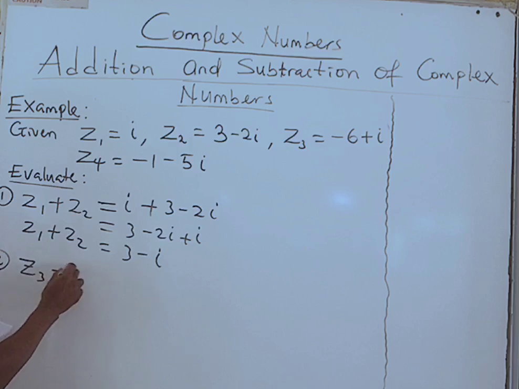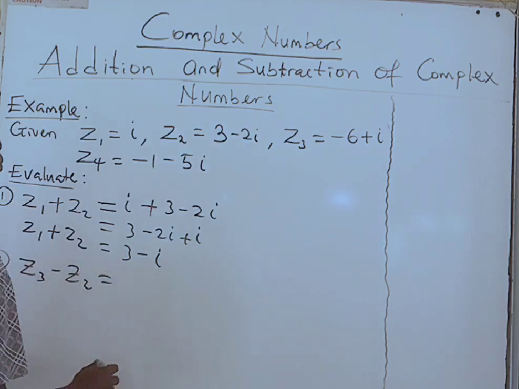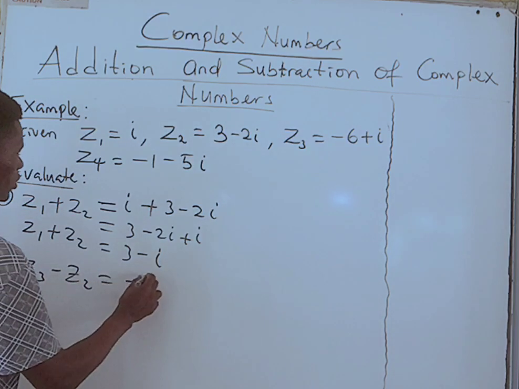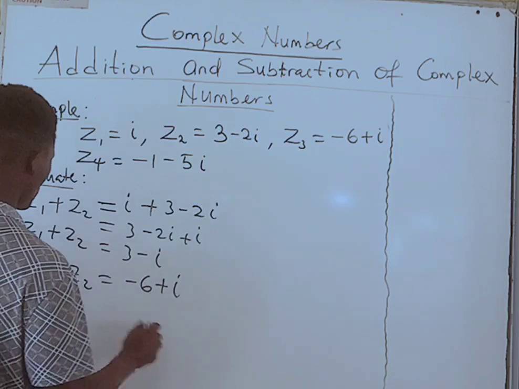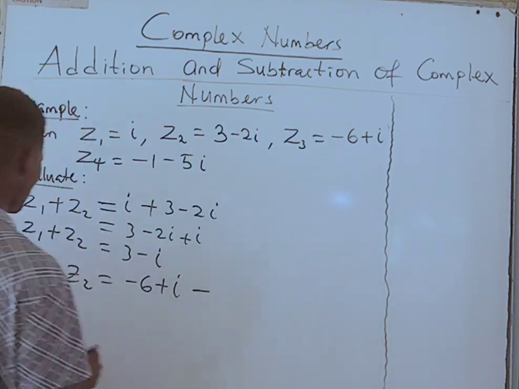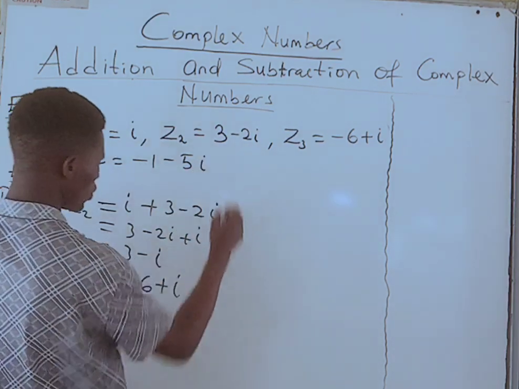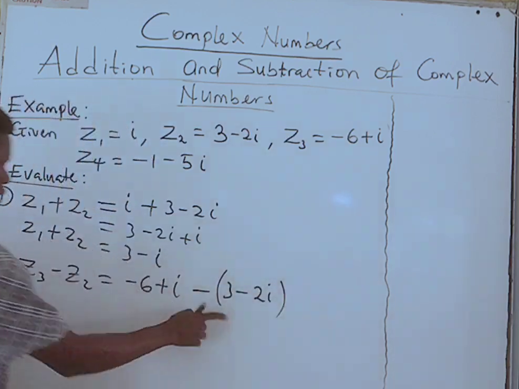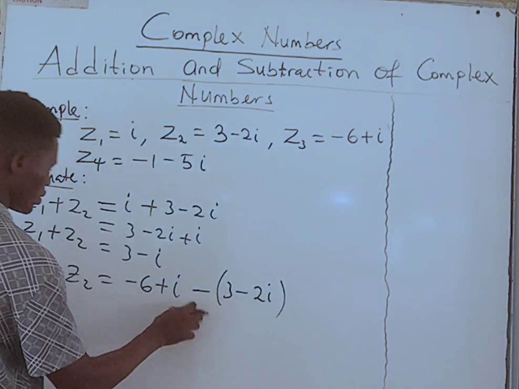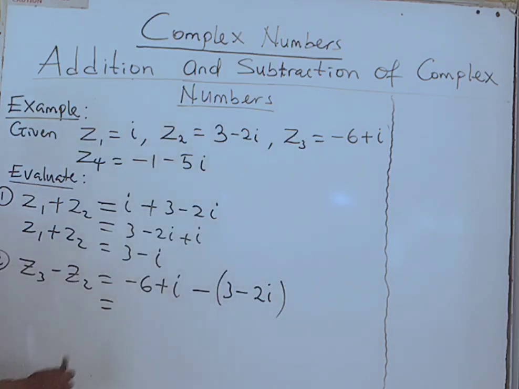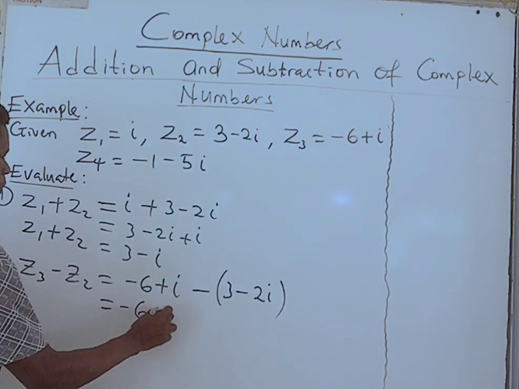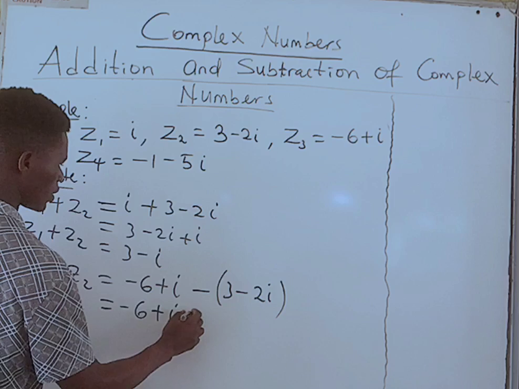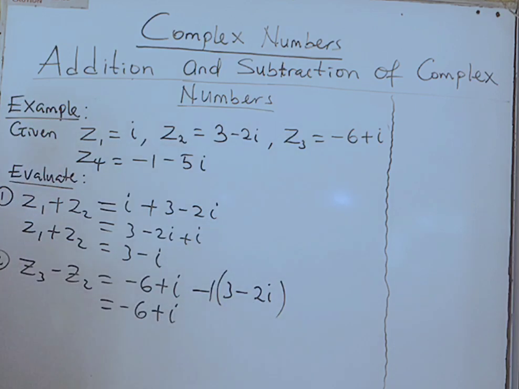And the second one, Z3 minus Z2 equals, now Z3 is minus 6 plus I, and we subtract Z2, which is 3 minus 2I. Ensure that you put it in brackets. That equals minus 6 plus I minus (3 minus 2I). You're going to use minus 1 to expand the bracket, right?